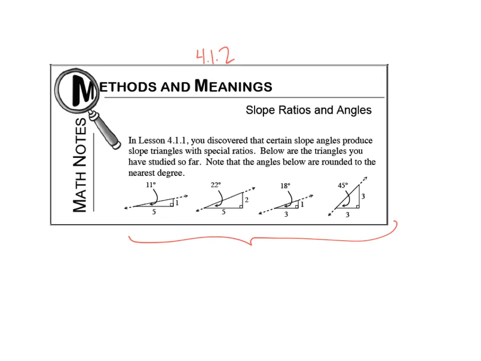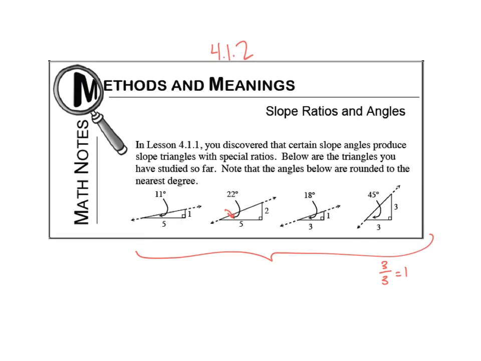Anytime I have a triangle that has a 22-degree angle as its slope angle, I know that the ratio is going to be 2/5. 18 degrees is 1/3, and 45 degrees has a ratio of 1, because if I compare that 3/3, I know that that equals 1. That makes sense to me because I know that triangle is isosceles. So keep this table handy. This will be helpful for you as we solve some equations in class.